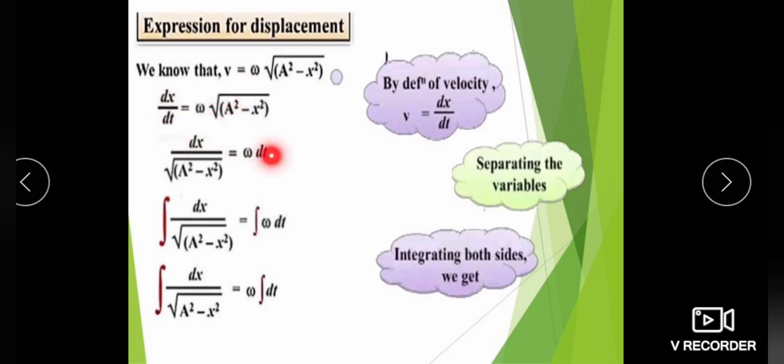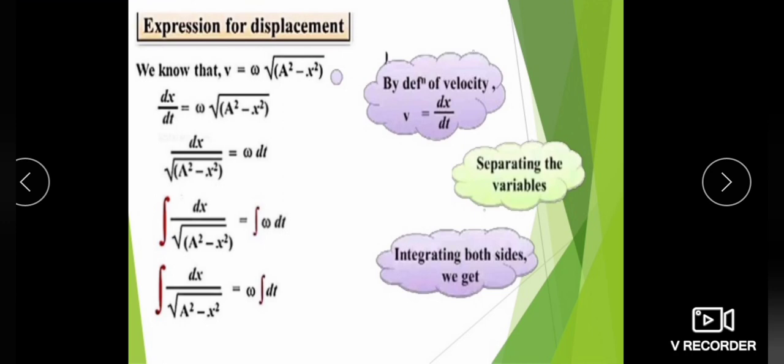Separate the variables. After separation of variables, dx upon square root of a square minus x square is equal to omega dt. Integrate. Integration of dx upon square root of a square minus x square is equal to integration of omega dt. Omega is constant and take out of integration sign.